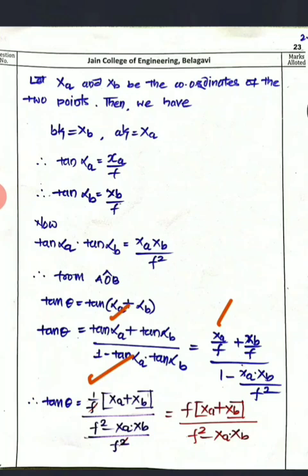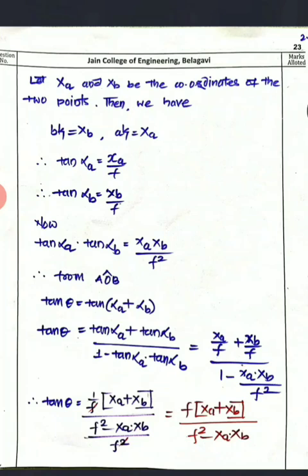Now if you cross multiply all these things, you will be getting, see here, 1f is going to cancel, then you will be having 1f there, then it is going to be xa plus xb divided by f square minus xa xb divided by f.